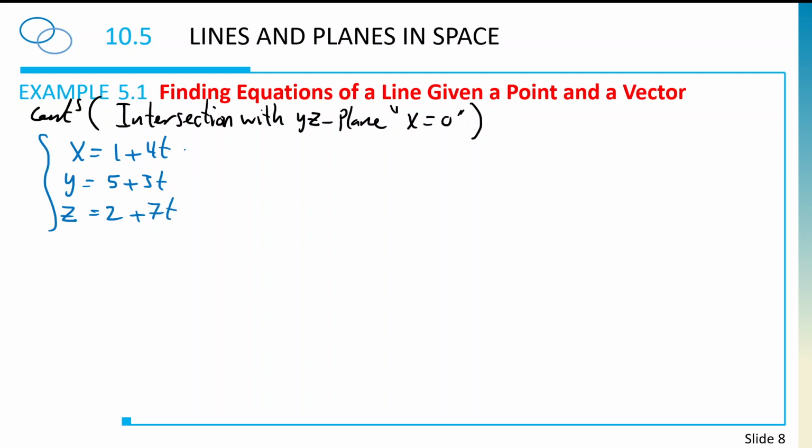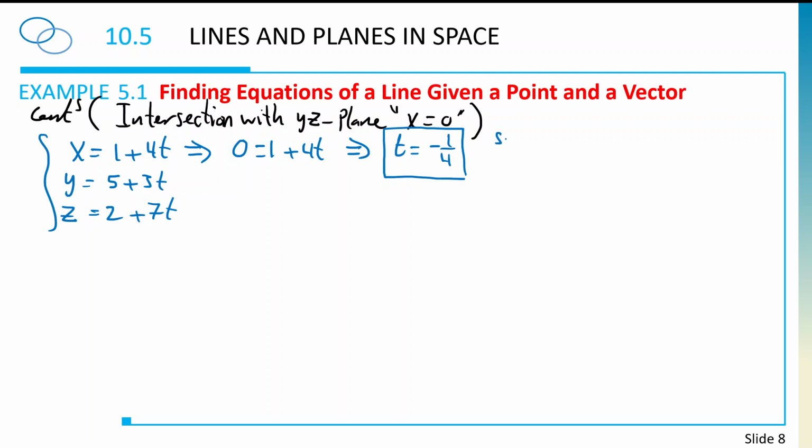Now if x is equal to 0, then 0 equals 1 plus 4t, and this helps me solve for t. So t is equal to negative 1 over 4. Now once you have the value for t, I'm going to replace this value in the equations of y and z.